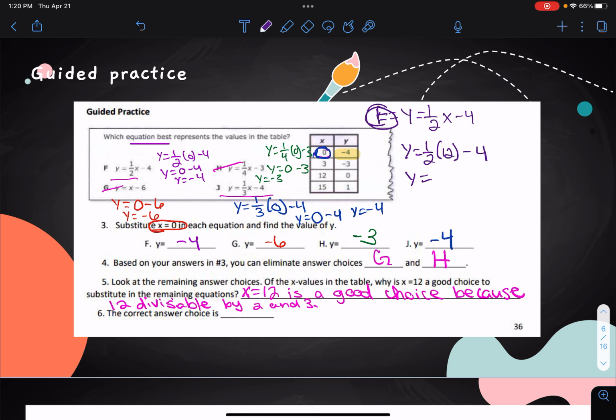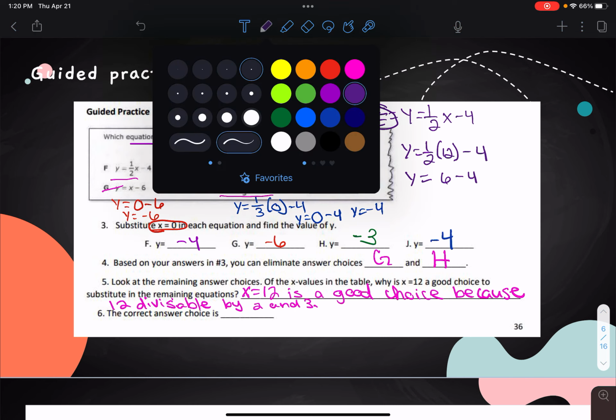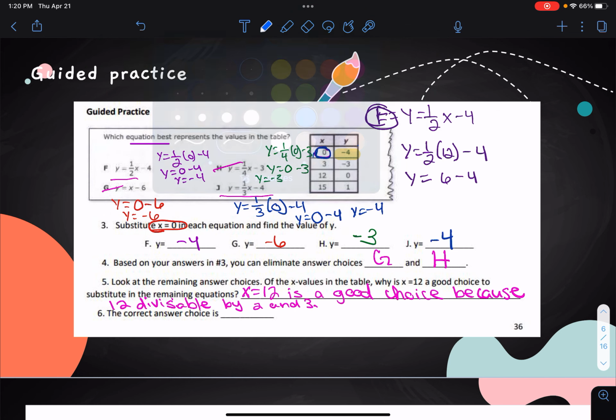So what's 1/2 of 12? Remember, multiplying by half is the same thing as dividing by 2. So 12 divided by 2, 6 is correct. So 6 minus 4. And then I'm going to let you figure out what that y would be.